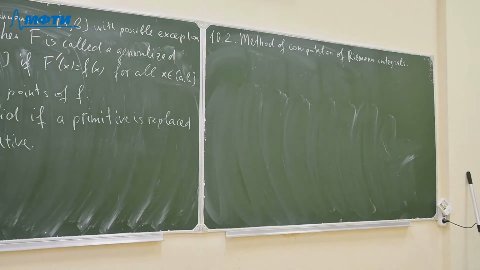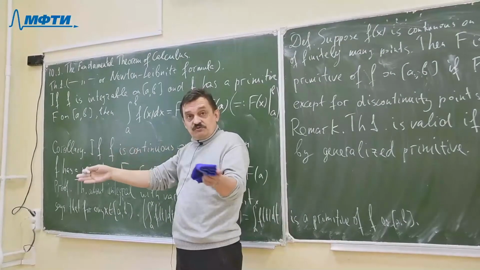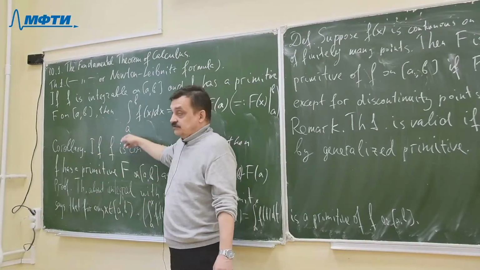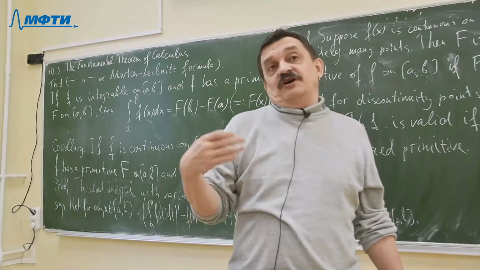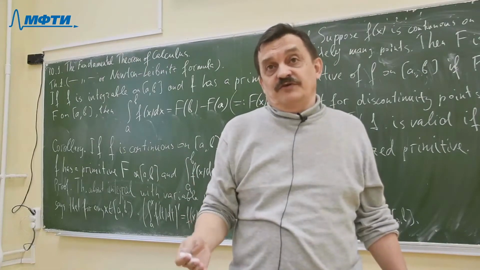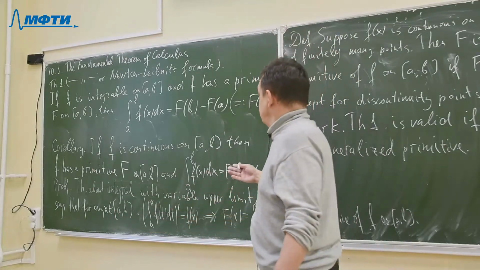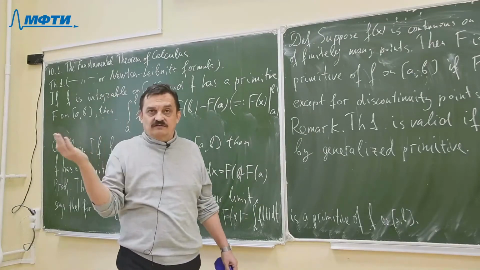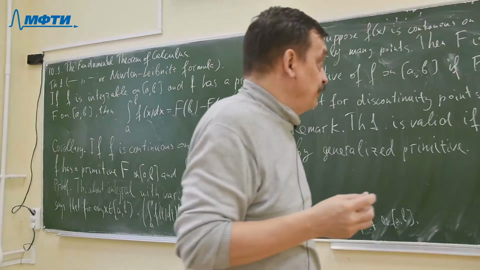If you want to compute definite integral, to distinguish between indefinite integral and Riemann integral, we call it also definite integral, right? So firstly find indefinite integral, or what is the same, find a primitive, and then substitute into the fundamental theorem of calculus.